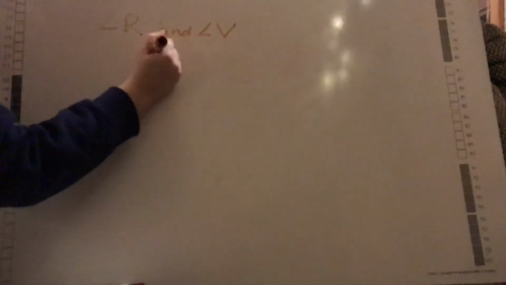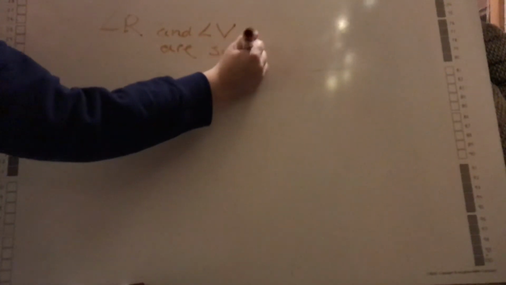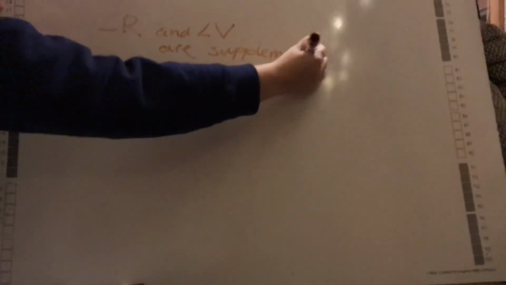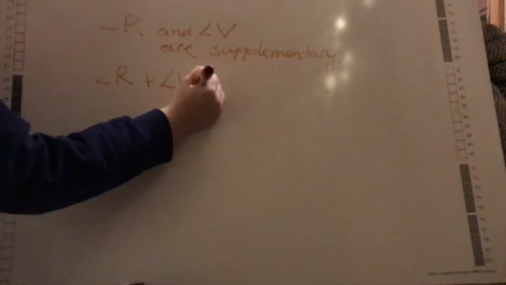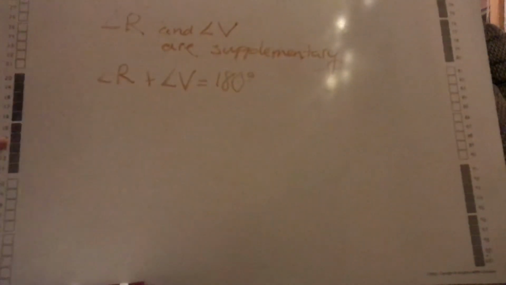So if we skip down to example 3, they are going to throw in some algebra practice for us, some solving of an equation. They tell us that angle R and angle V are supplementary. That means that added together, they equal 180 degrees. So angle R plus angle V equals 180 degrees.